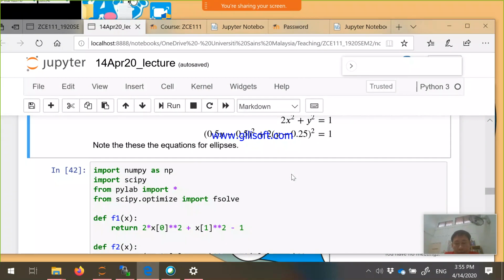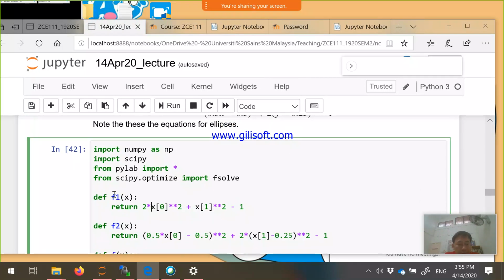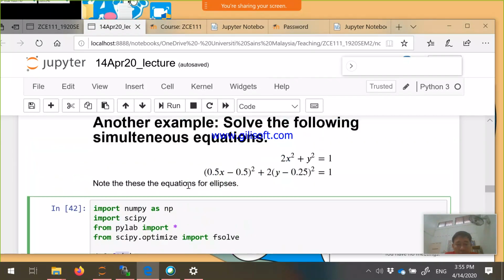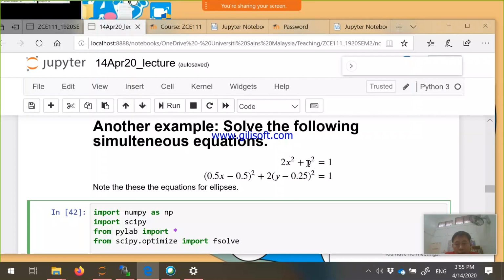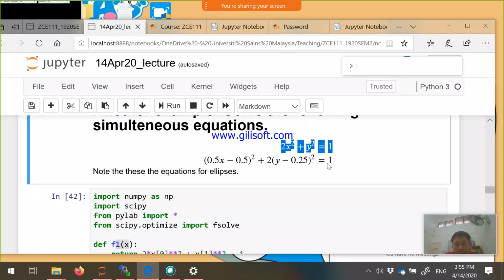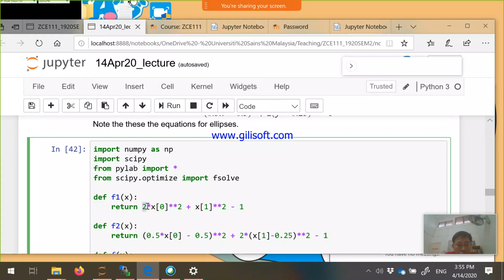So maybe I don't do it explicitly, you just follow the code here. Again, you define f1, which is 2x squared plus y squared minus 1. So here, the x is an array that contains 2 components. The first component I call x0, and the second component I call x1.